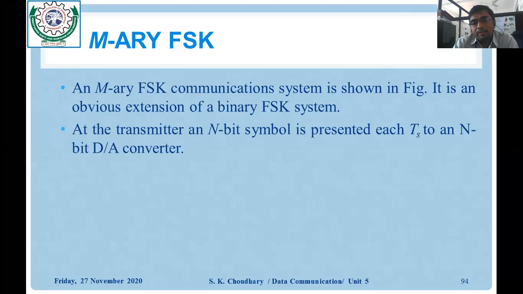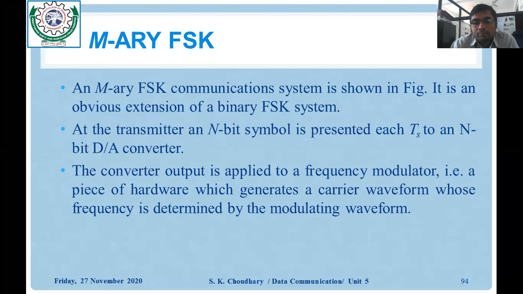So at the transmitter, n-bit symbols are presented each TS to an n-bit digital to analog converter, and the converter output is applied to the frequency modulator, that is a piece of hardware which generates a carrier waveform whose frequency is determined by the modulating waveform.